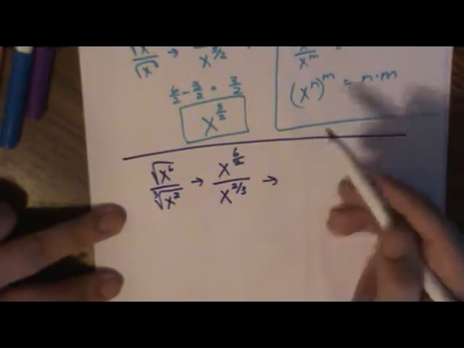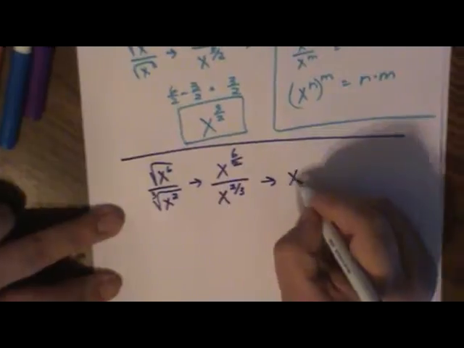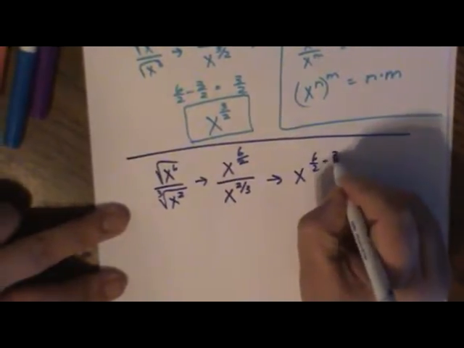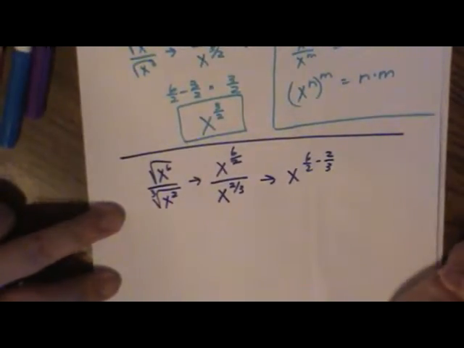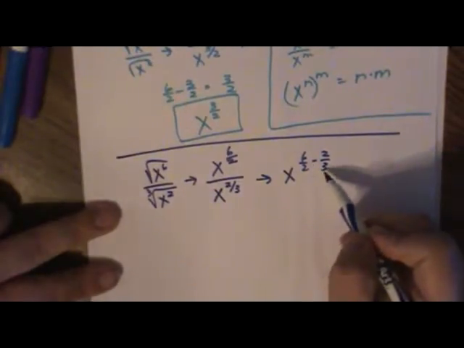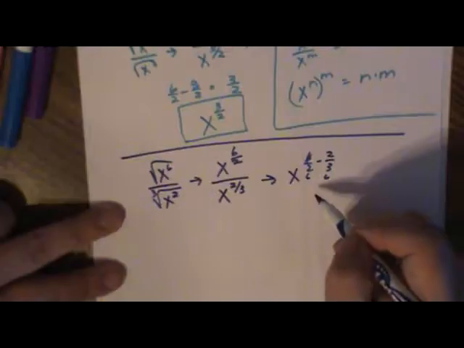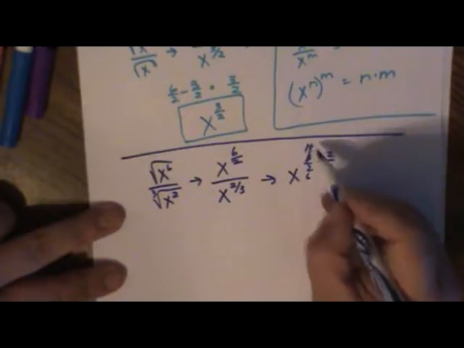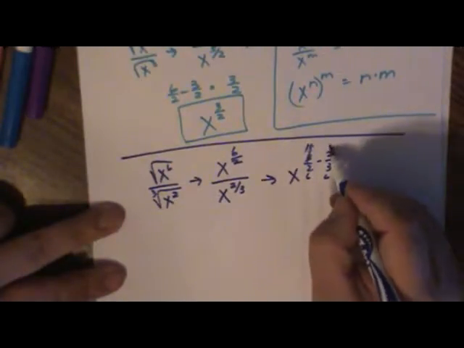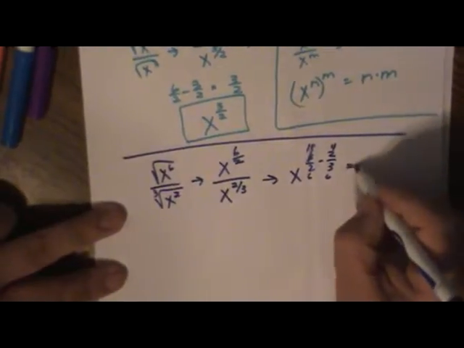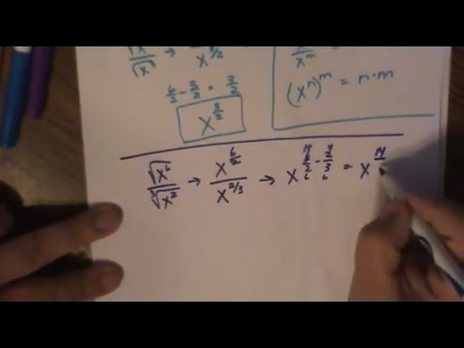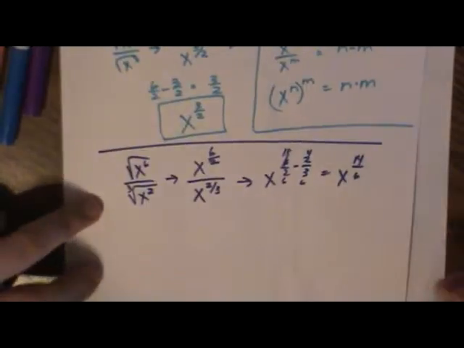Since they're dividing, we're going to subtract. So we have x to the 6 over 2 minus 2 over 3. In order to subtract fractions, you have to have like denominators. This is times 3, and that's times 2. So we would have x to the 4 over 6.